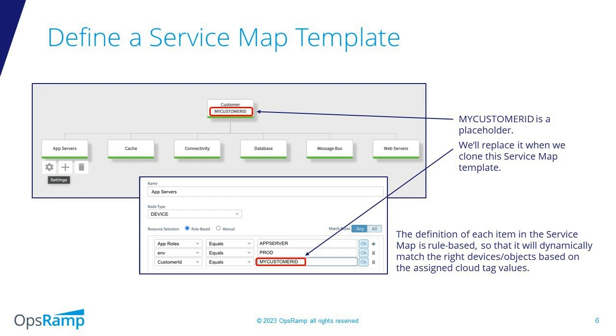And you'll recall these custom attributes that are in OpsRamp, when it comes to your cloud resources, we've auto-populated them with your cloud tags. So if you have your cloud tagging scheme sorted out in a standard convention that we can make use of, we can leverage that to basically define a template service map, which is what we're doing here.